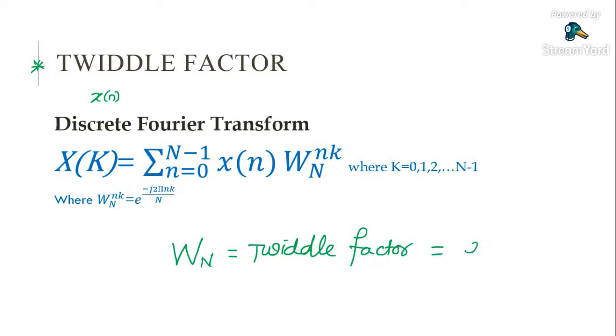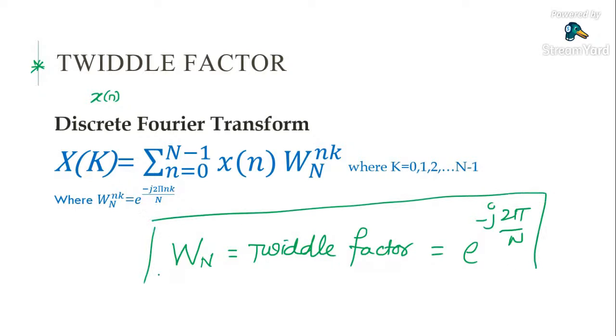And what is the value of it? e raised to minus j 2 pi divided by N. This is called the twiddle factor, W_N.